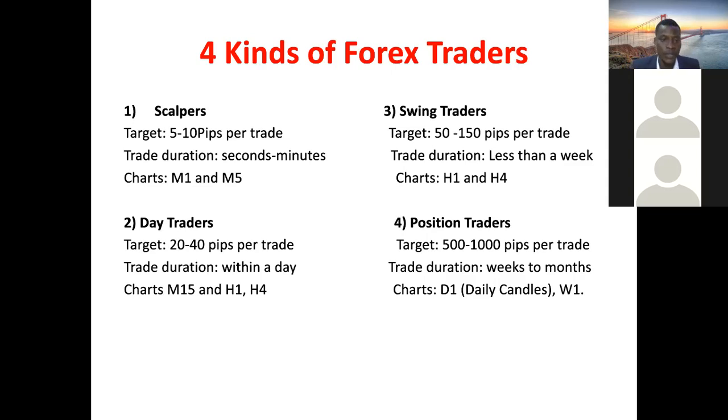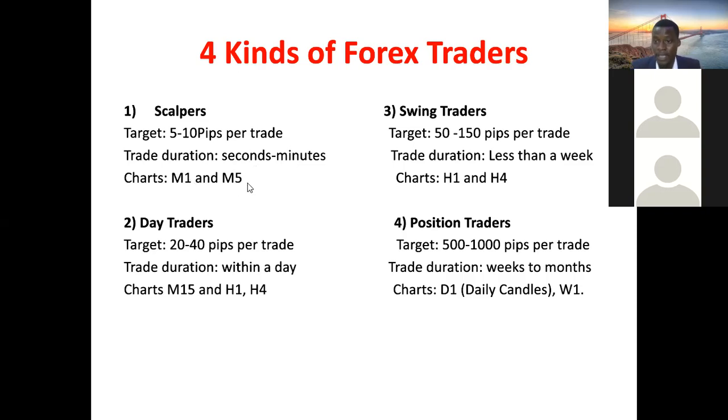A scalper targets 5 to 10 pips per trade, and his trade duration is within seconds and minutes. So if you enter, within 5 seconds or 10 minutes or so, it goes out. The charts that most scalpers look at are 1 minute to 5 minutes.